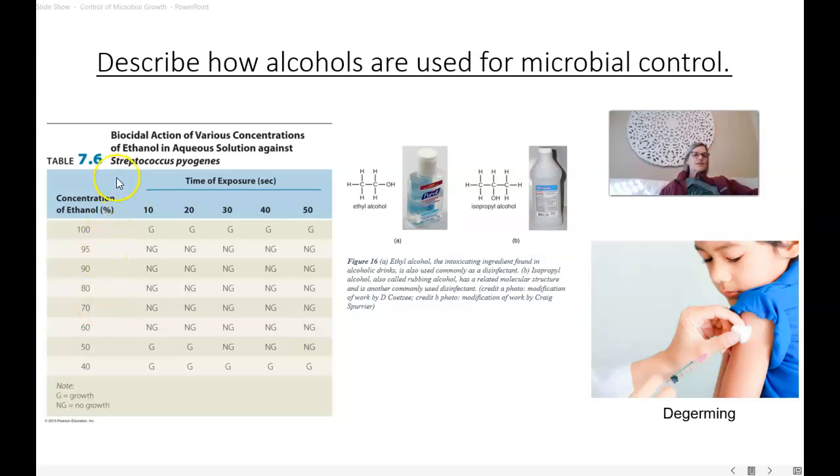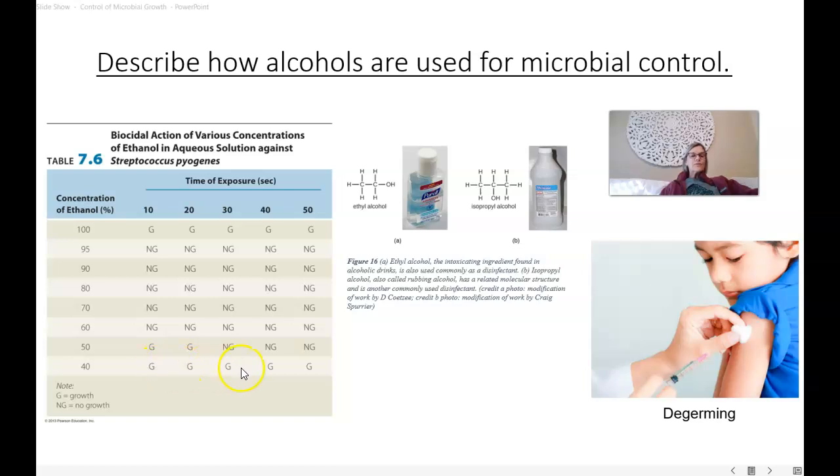It's showing you here ethanol is a really common alcohol. It's the kind of alcohol that we drink, and it's showing you 40 to 100% ethanol, and this is showing biocidal action against Strep pyogenes. That's the streptococcus that causes strep throat. So what they're showing you is if you take 40% alcohol and you expose Strep pyogenes to it for 10 minutes, the bacteria are still going to be able to grow.